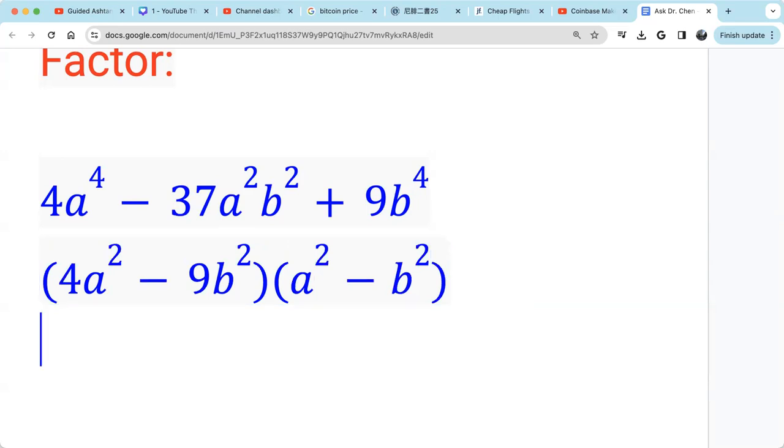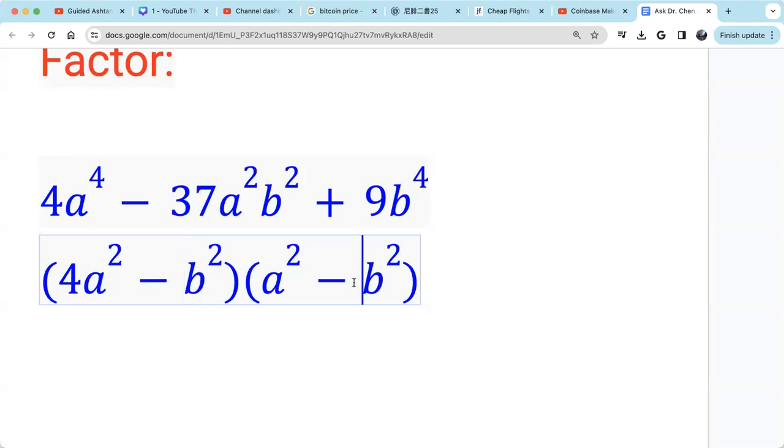If we check this, the first term, 4a squared times a squared, gives us the first term. Negative 9b squared times negative b squared gives us b to the 4th. The middle term comes from 4a squared times negative b squared. We get negative, oh no, hold on, this is wrong.